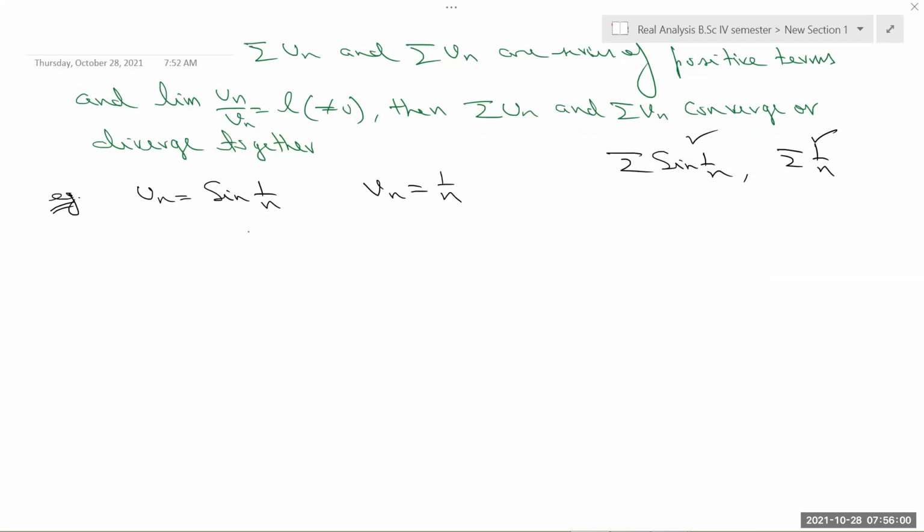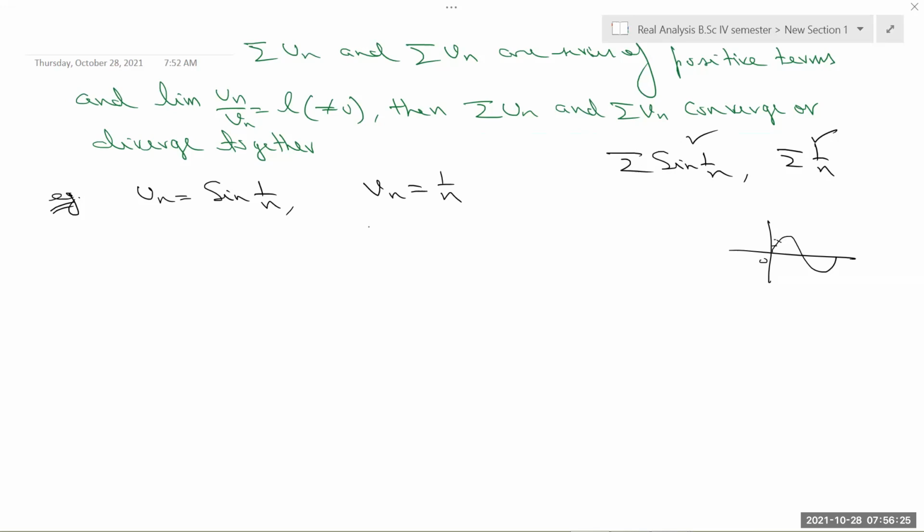Actually, I need to make sure that each of the terms is positive or not. So sine 1 by n. n will start from 1, 2, 3, so it lies between 0 and 1. Yes, no problem. Each of the terms will remain positive.